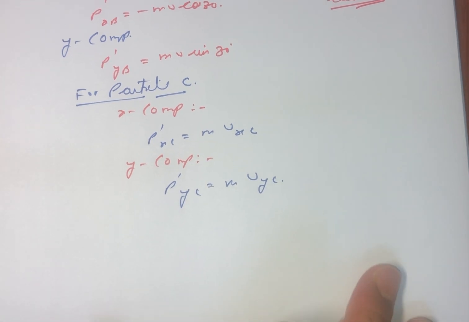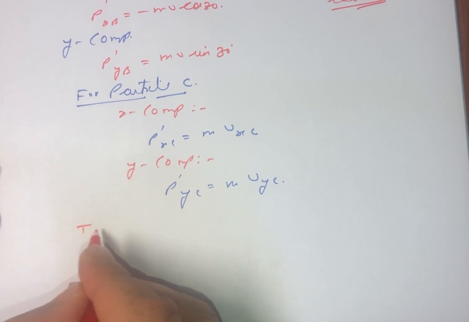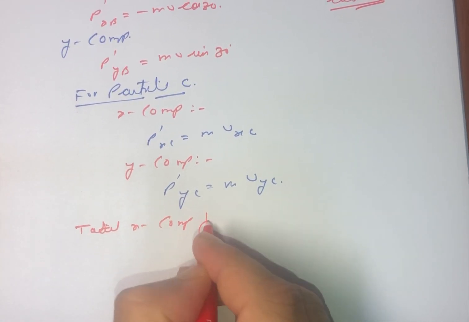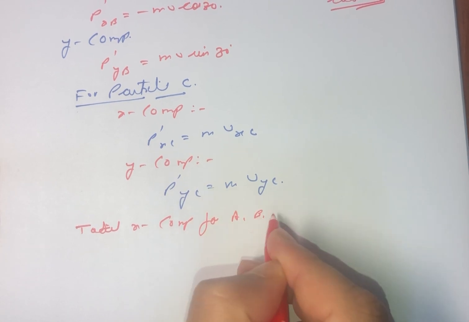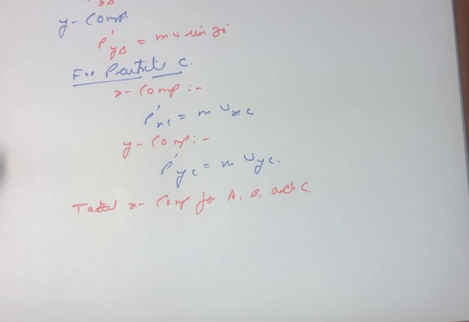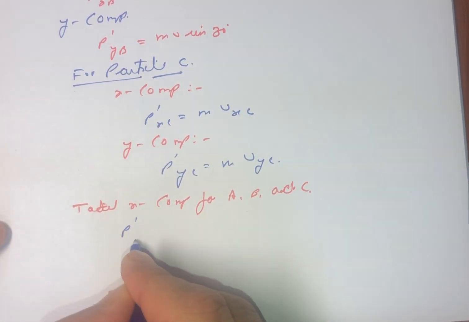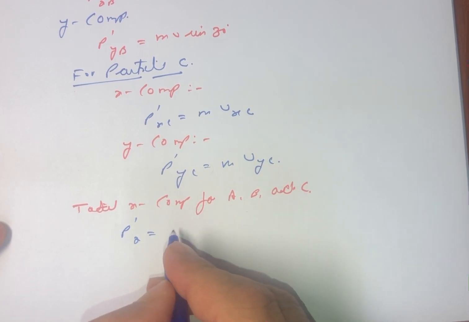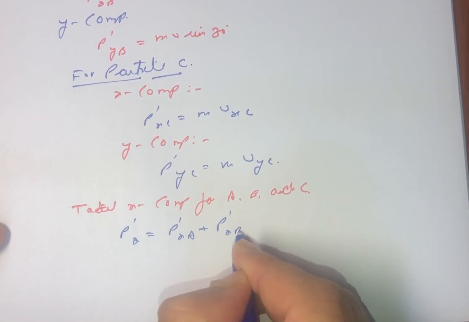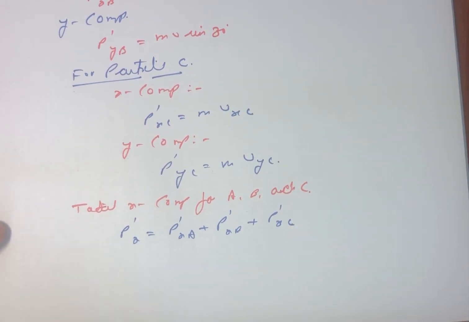Similarly, we can find out the total x component for A, B and C. This will be p prime x is equal to p prime xa plus p prime xb plus p prime xc. We substitute the value.